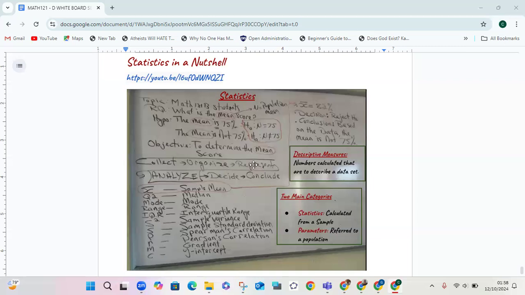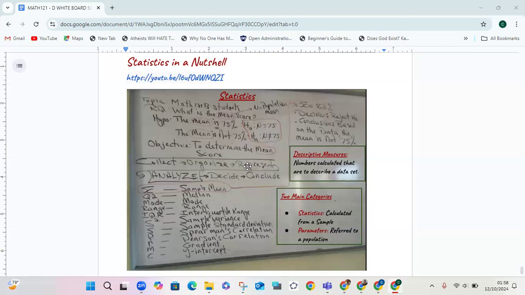Now, you may or may not be able to determine whether or not the mean is 75%, because you have not really calculated the mean yet. What you have done is basically calculate an average, which is the median. And the majority of the time, the median and the mean are quite different.